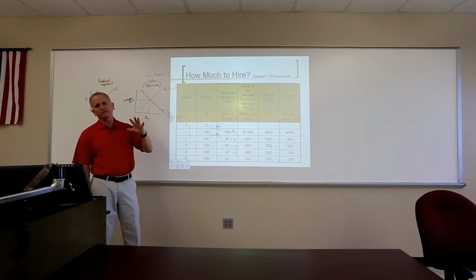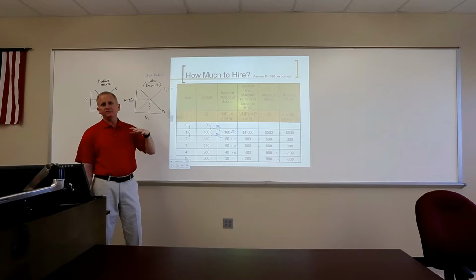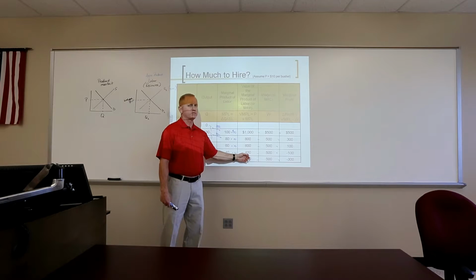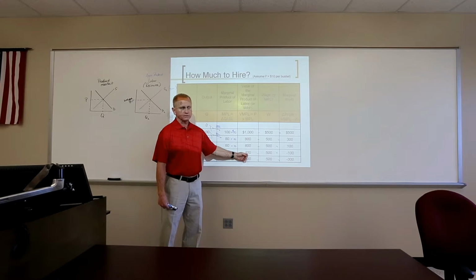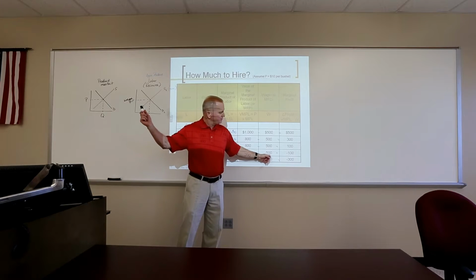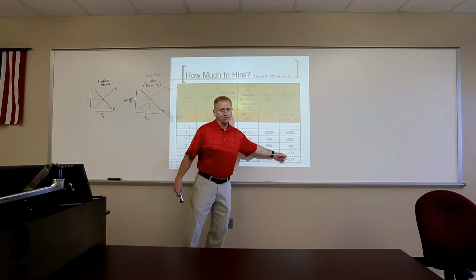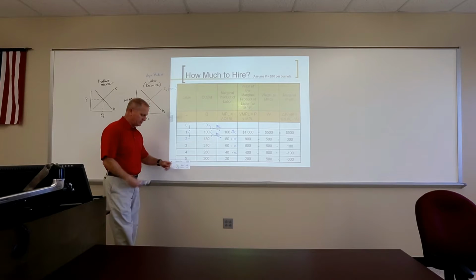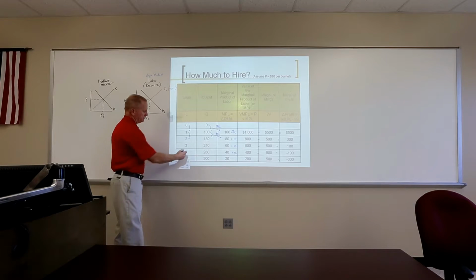However, the fourth person, you can see that it changes. The fourth person only contributes an additional $400 of value to the production of picking apples. But we have to pay him $500 because that's the going wage rate. We actually are losing marginal profit here. Negative 100. You would not hire this person.